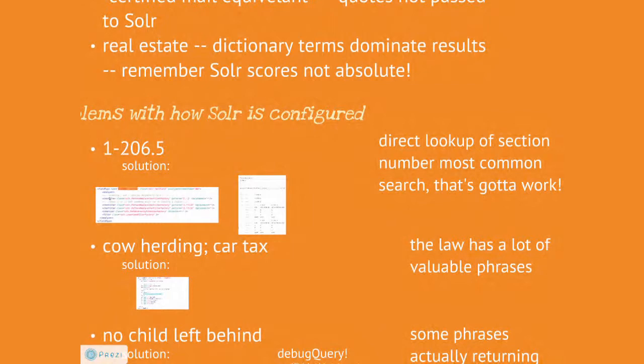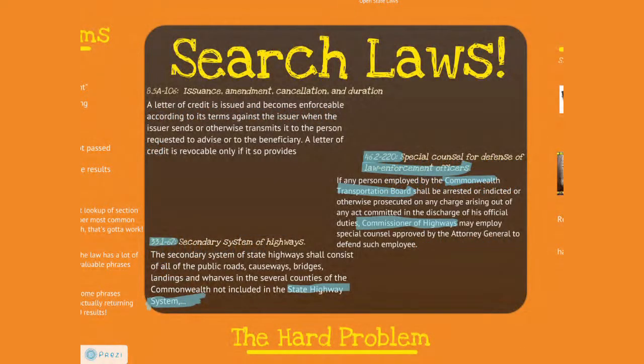Or maybe they'll just type 1-206 and expect all of the laws that begin with that to come back. And people tend to use a couple of different delimiters for this, dashes, dots, that kind of thing. And you can see that here. Here are some section numbers. That's the kind of stuff people type in, expecting to get that law back. Turns out this is pretty interesting.